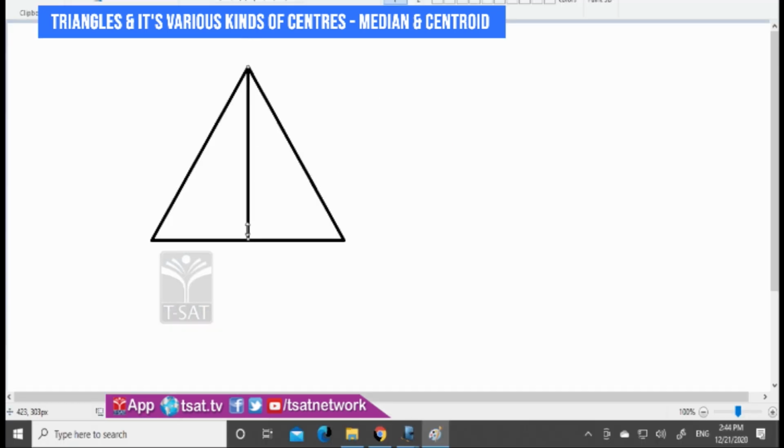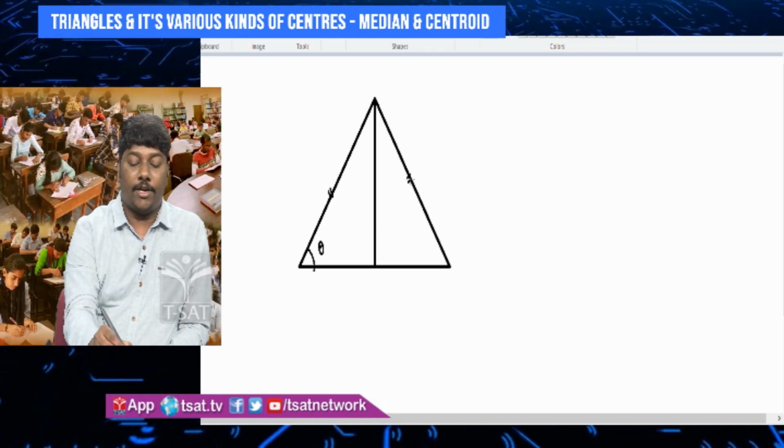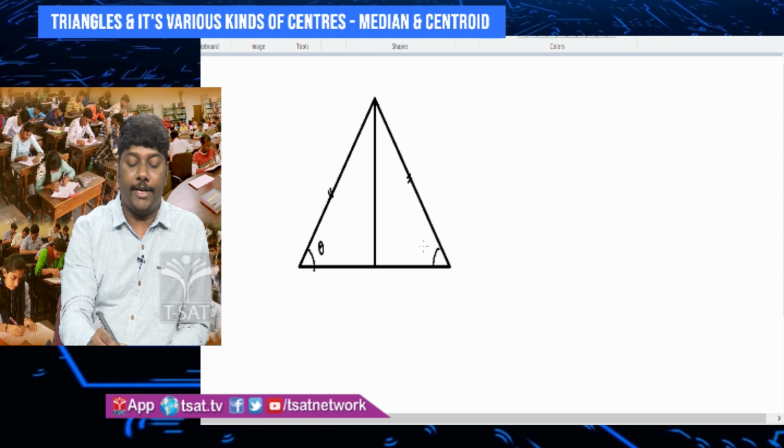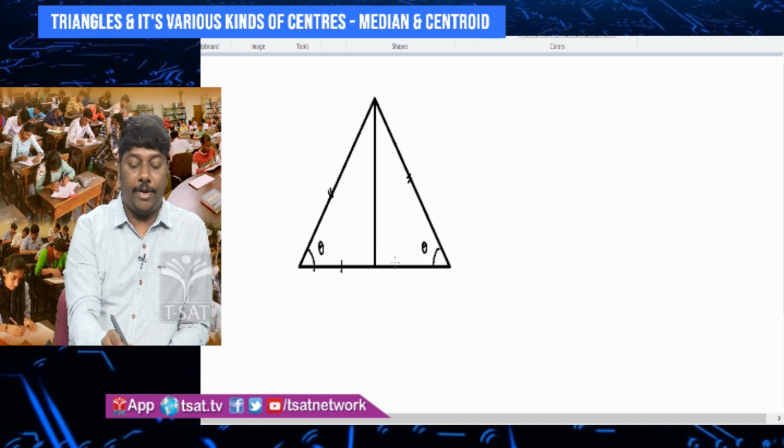What do we mean by an isosceles triangle? Two sides are equal and their opposite angles are also equal. Therefore, these two are theta and theta. It is also a median because I am drawing a median.